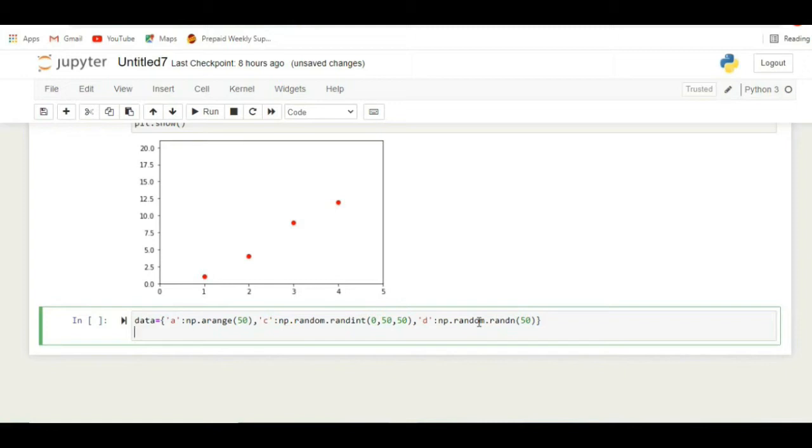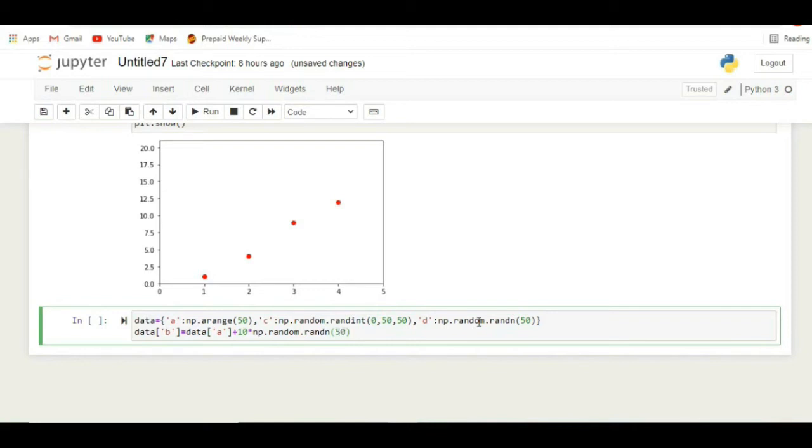In the second line you will again write data, inside the single quotation marks you write 'b', is equal to data 'a' inside the square brackets, plus 10 multiplied by np.random.randn.